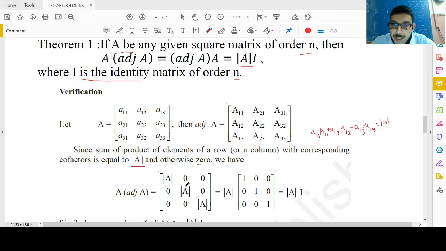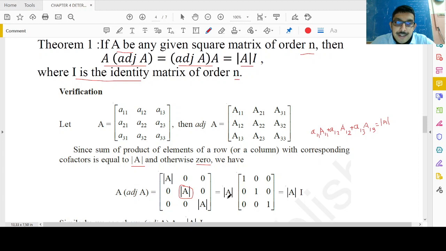If you take second row, second column, it is second row elements with cofactors of that particular row, so it is determinant of A. The other elements in that row are 0, because these are second row multiplied with cofactors of first row and third row respectively. So we will get determinant of A 0 0, 0 determinant of A 0, 0 0 determinant of A.